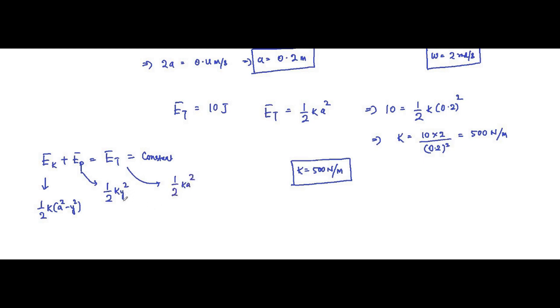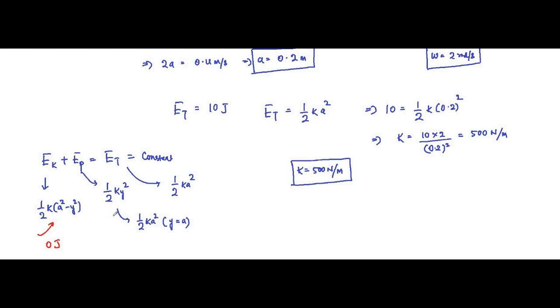So when the particle reaches the maximum amplitude position, the potential energy is equal to 1 by 2 K A square at y is equal to A. And at that position, the kinetic energy is equal to 0 joules at the extreme points of SHM motion on either side.